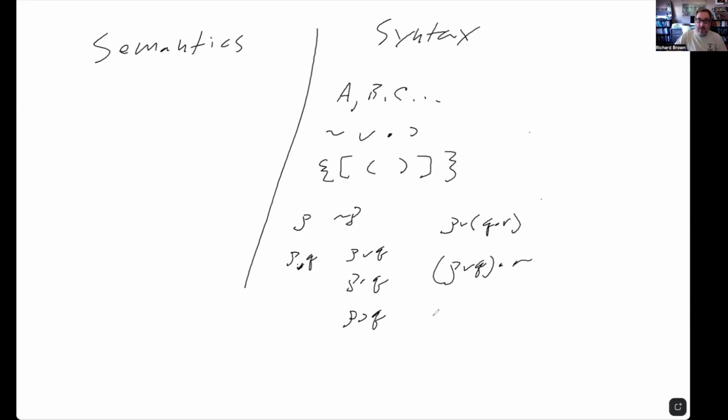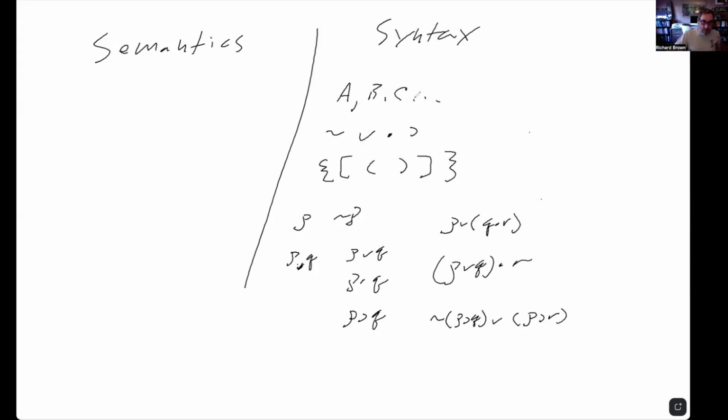As for example, if you had a tilde parentheses P horseshoe Q or parentheses P horseshoe R, just making stuff up here. So here we have two operators outside of all the parentheses, the tilde and the wedge. And so in this case, it's not the tilde that's the main operator. And so, okay, that was basically how we stipulated our syntax.